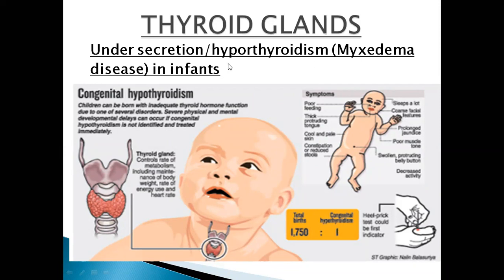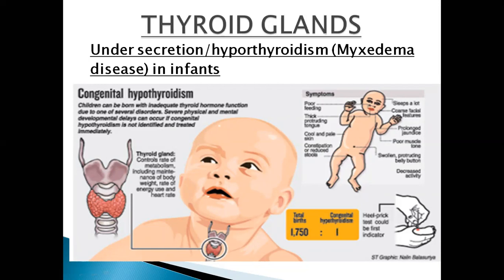If we see it in infants, like small babies, if they get this disease, they have a low amount of thyroid hormones. What happens in their body? Myxedema, okay, you can see here, the babies grow with a very low metabolic rate.